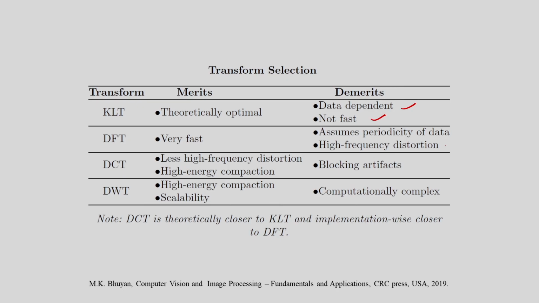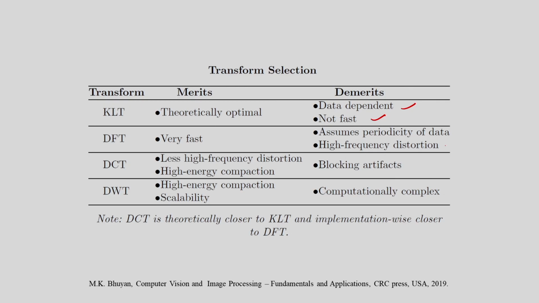Next one is the DFT. The DFT is very fast, but what are the problems? The problem is it assumes the periodicity of data and also has the high frequency distortion, that is nothing but the Gibbs phenomena. That concept I have already explained. In case of the DCT, what are the advantages? Less high frequency distortion as compared to DFT, and also high energy compaction.